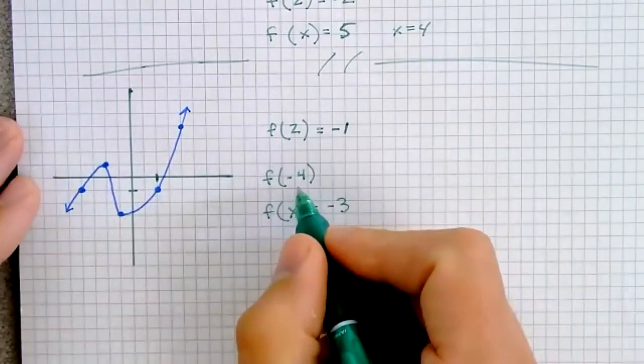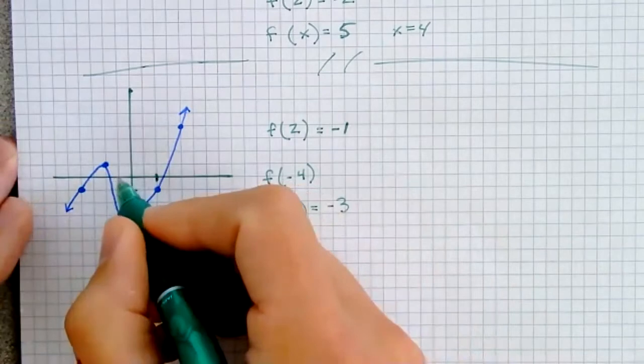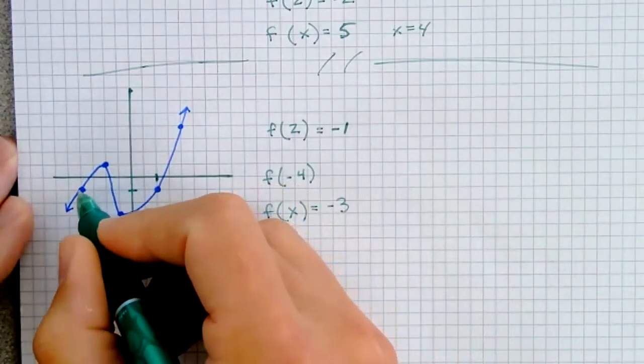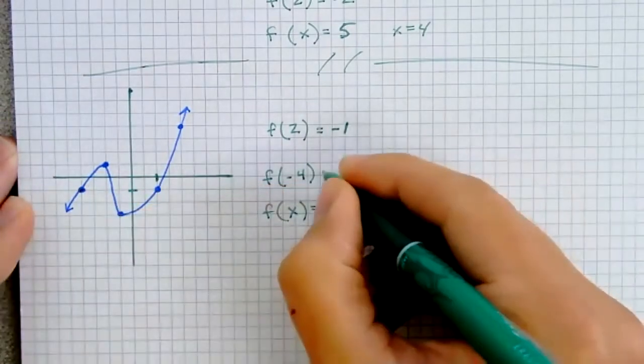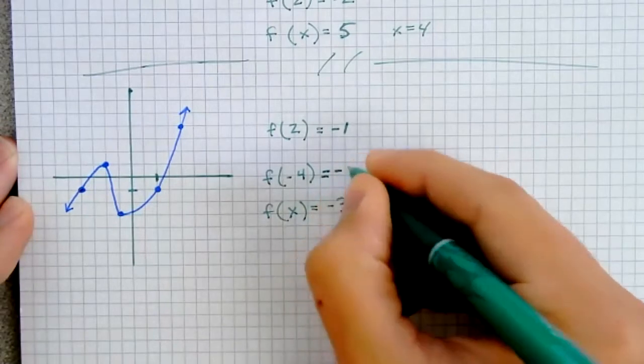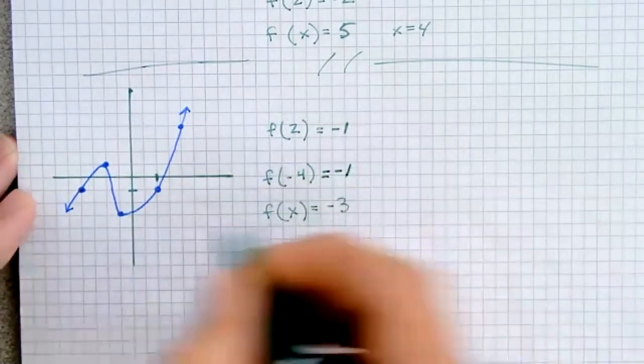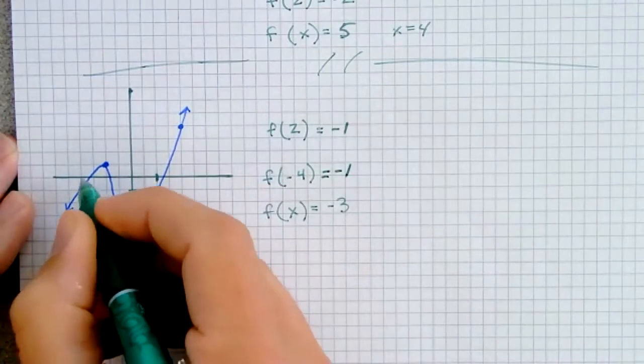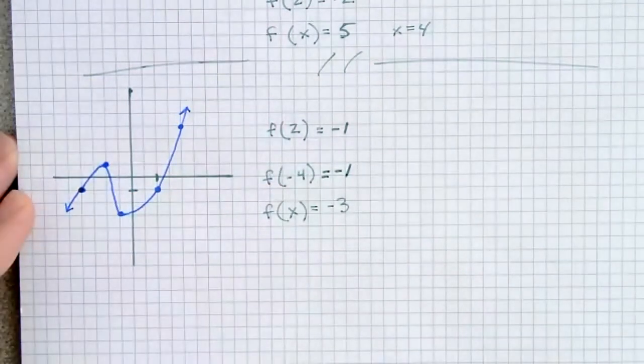Okay, if we're being given an input of -4, 1, 2, 3, 4, we look for our y value. It's also -1, because it's this point right here. Y value is -1.